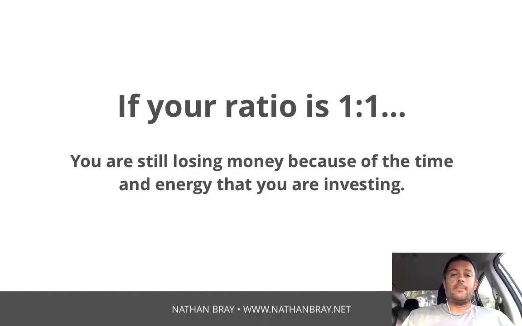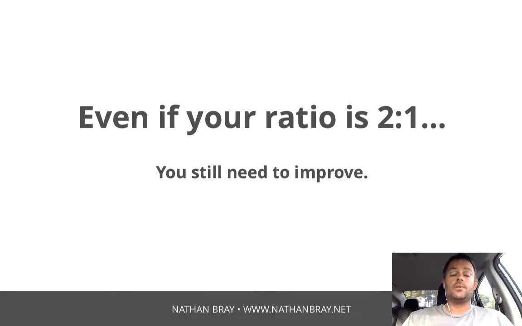And even if your ratio is 2-to-1, you still need to improve. For example, let's take a look at if we had a digital product, you might start feeling a little better if your ratio is at 2-to-1. But let's say you've spent $500 on Facebook ads, and you've made a $1,000 sale of a digital product.